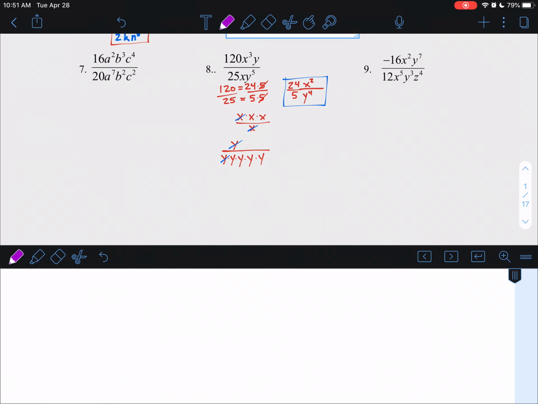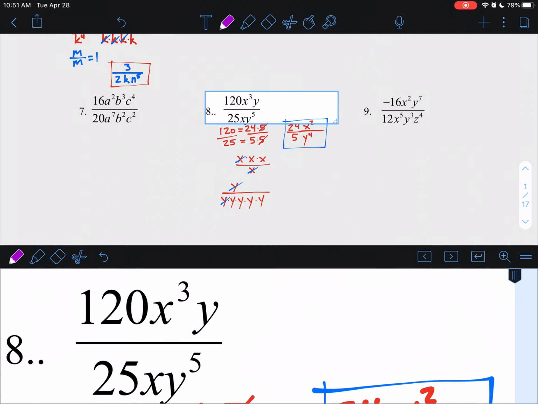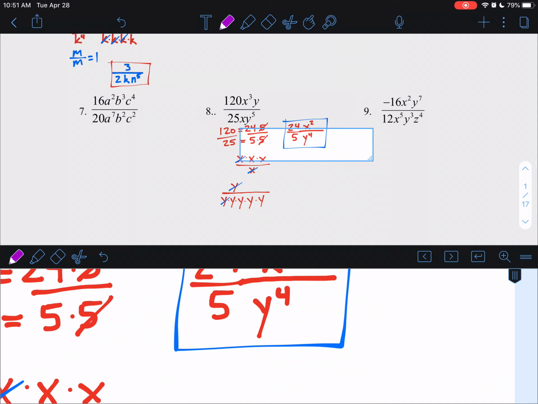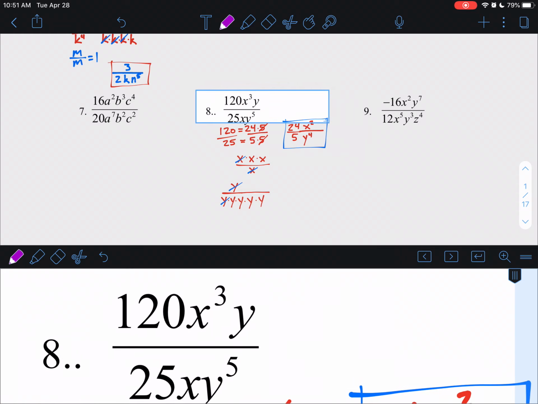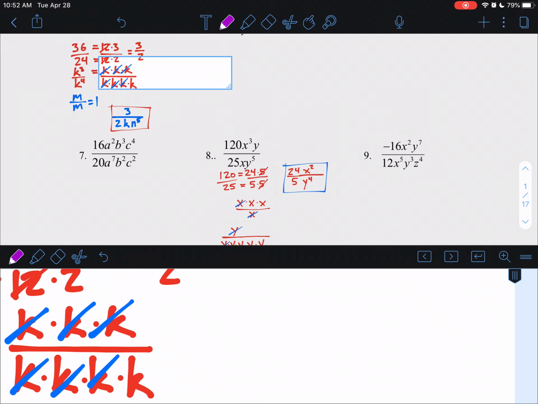And with the exponents, you just subtract. Oh yeah, that's one thing that I didn't really say, but with the exponents, you just subtract. Like I had y to the first over y to the fifth. 1 minus 5 is negative 4, which is why I had that 4 in the denominator. And then I had x to the third over x to the first. 3 minus 1 is 2, and since it was a positive 2, x squared was in the numerator.